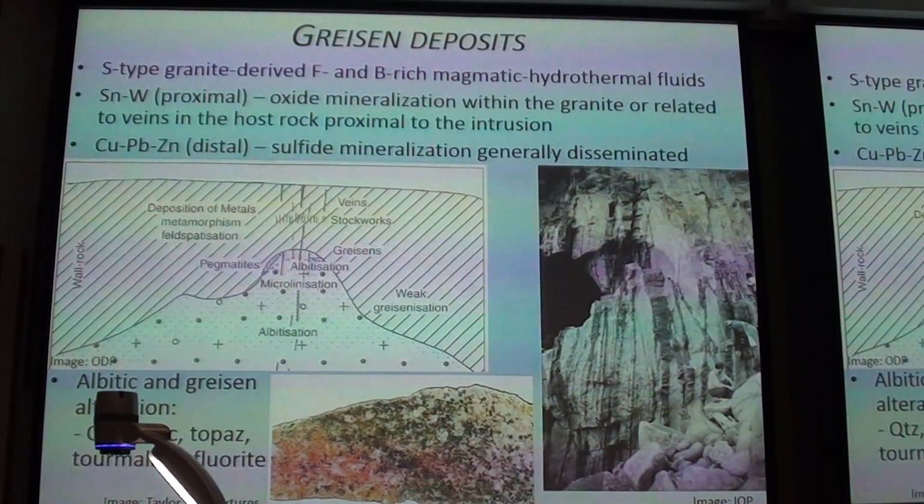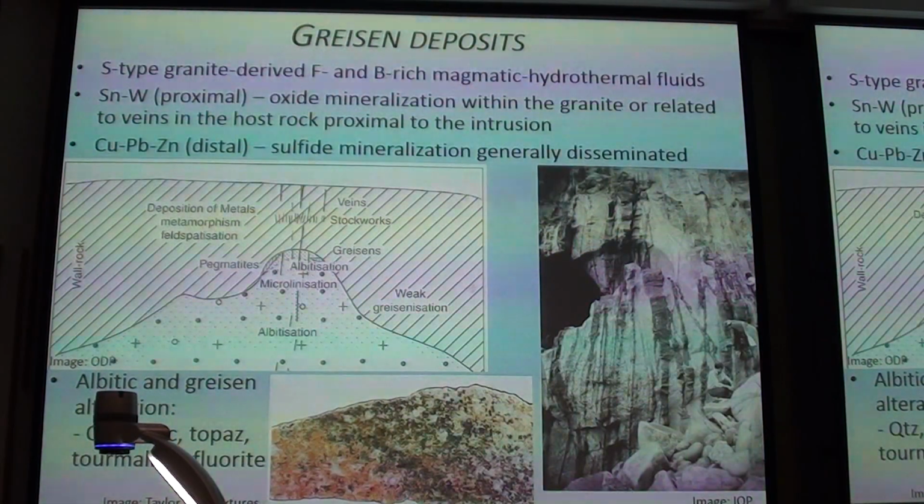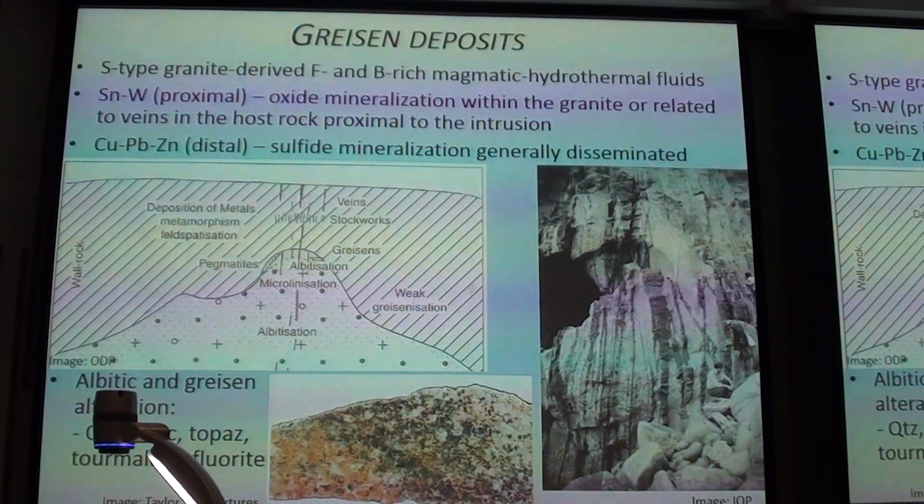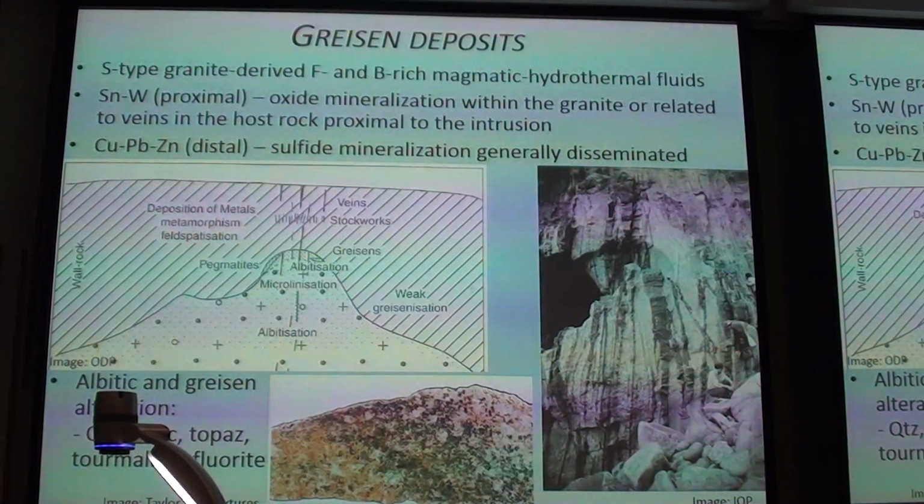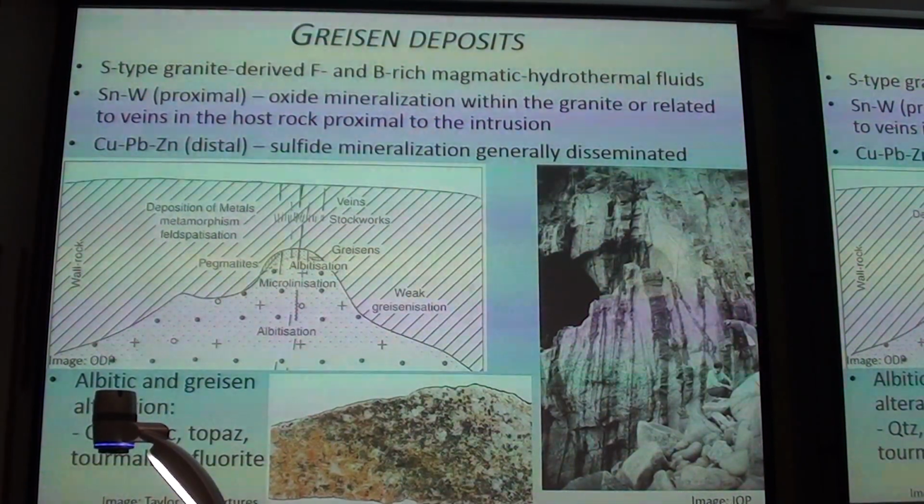Main oxide of tungsten is scheelite, which is calcium tungsten oxide, which we didn't see last week. But nonetheless, these oxide mineralization occurs inside veins in the granite or just outside of it in the country rock.